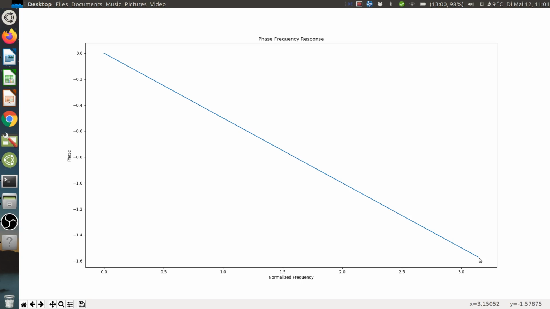Here we really have the phase, which means a delay of our sinusoid. This pi over 2 appears fairly far down here, actually right at the Nyquist frequency. So the Nyquist frequency would be shifted by minus pi over 2, or accordingly delayed. And lower frequencies are less shifted.